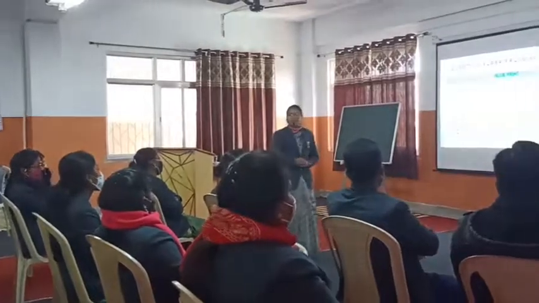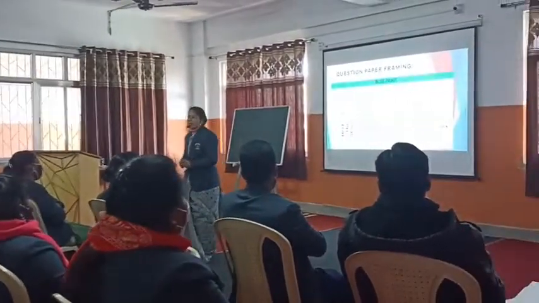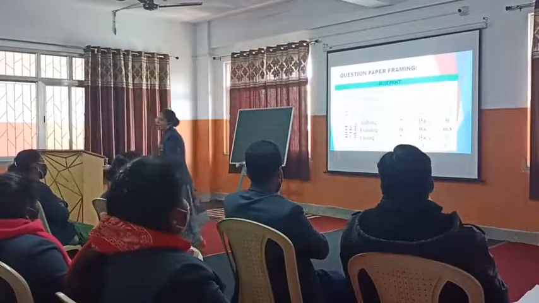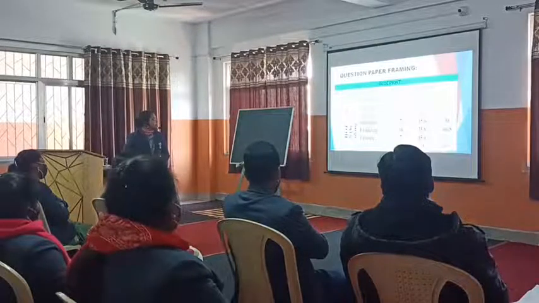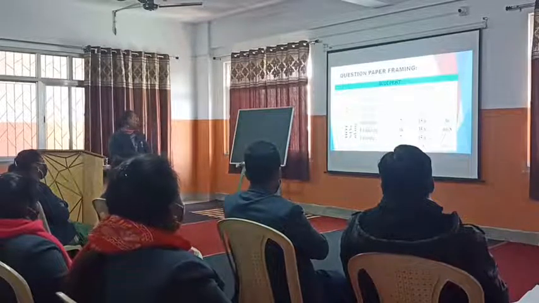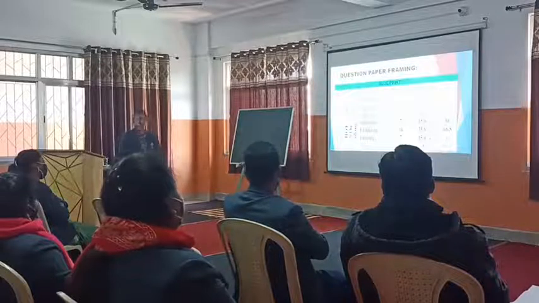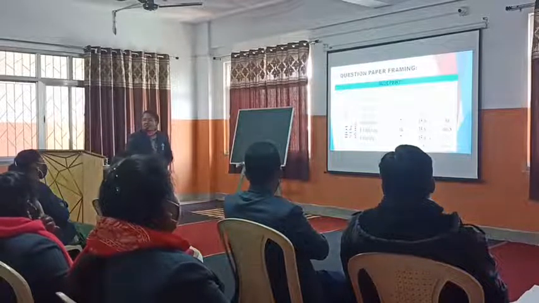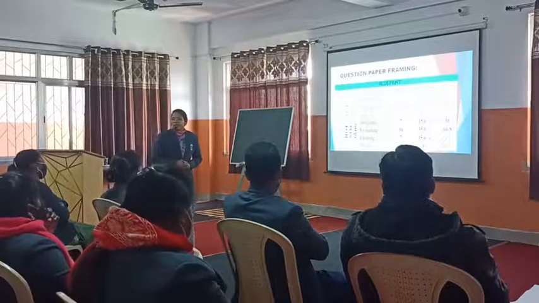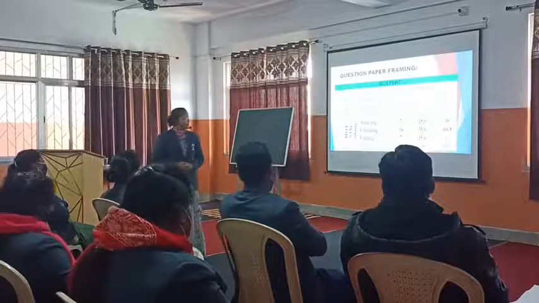Question paper framing. The blueprint is given here, and by the blueprint we see how many questions from the cognitive domain we can give in a question paper. The frequency means approximately how many questions we can give, and the percentage is given. That means how much percent it includes.